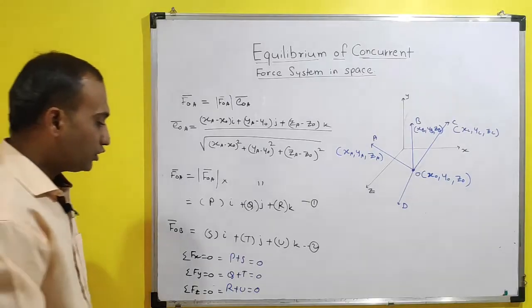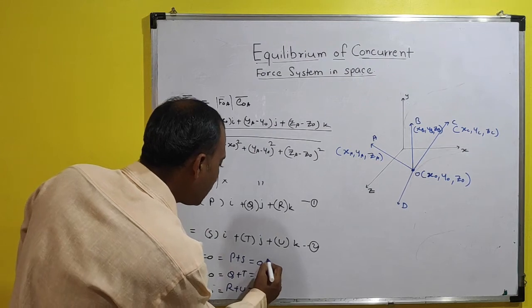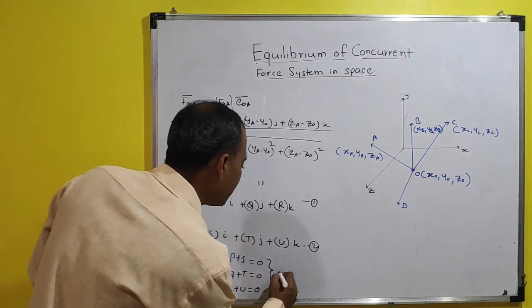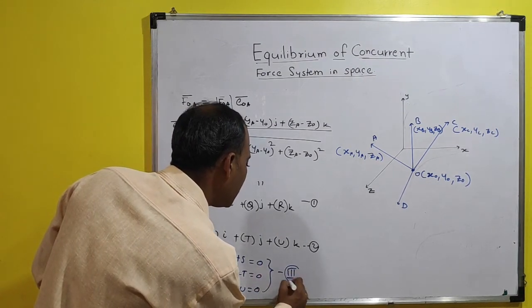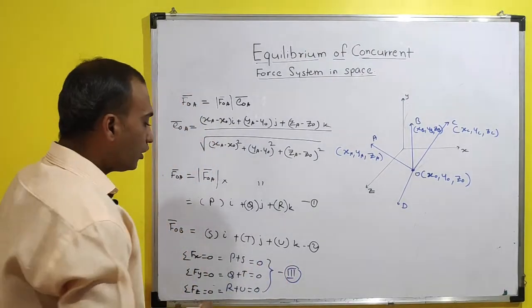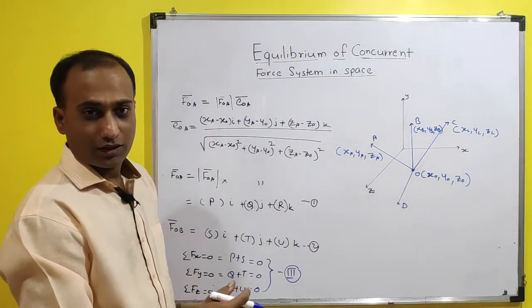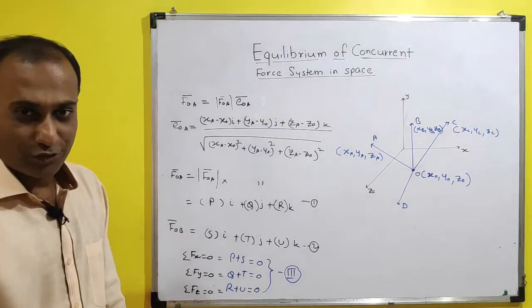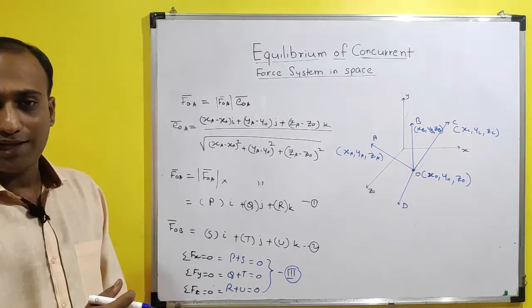So these three equations you will get finally, and from these three equations you can calculate the required unknown value.